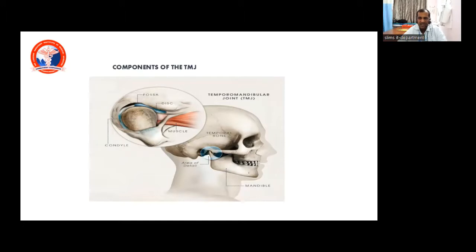It can vary from a simple loss of posterior teeth, wherein the vertical dimension of the occlusion is lost, ending up with a trauma to the temporomandibular joint.